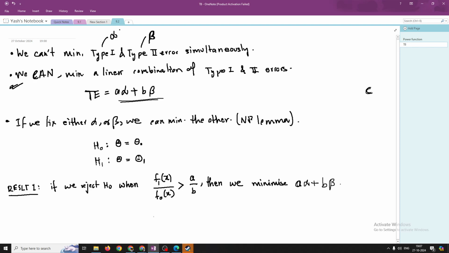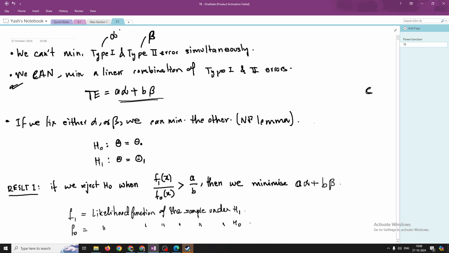Now what are f1 and f naught? f1 is basically the likelihood function of whatever sample that we have under h1, and f naught is just the likelihood function of the sample under h naught. So this is all that this result says.